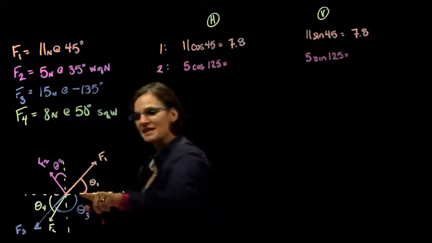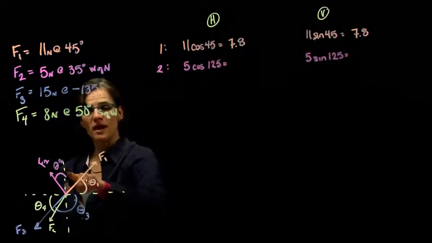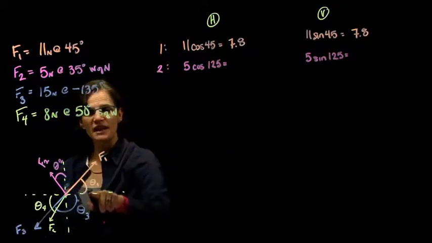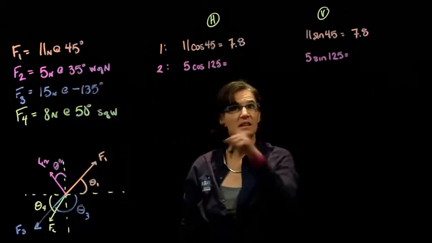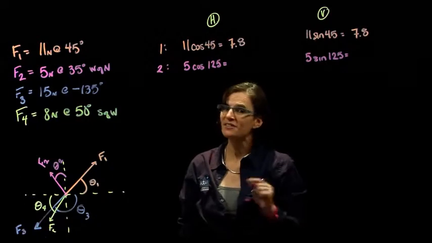So I've just added 90 degrees to my 35 so that I have an angle with respect to the positive x-axis. Okay, and then it's cosine and sine. We don't have to do it that way.